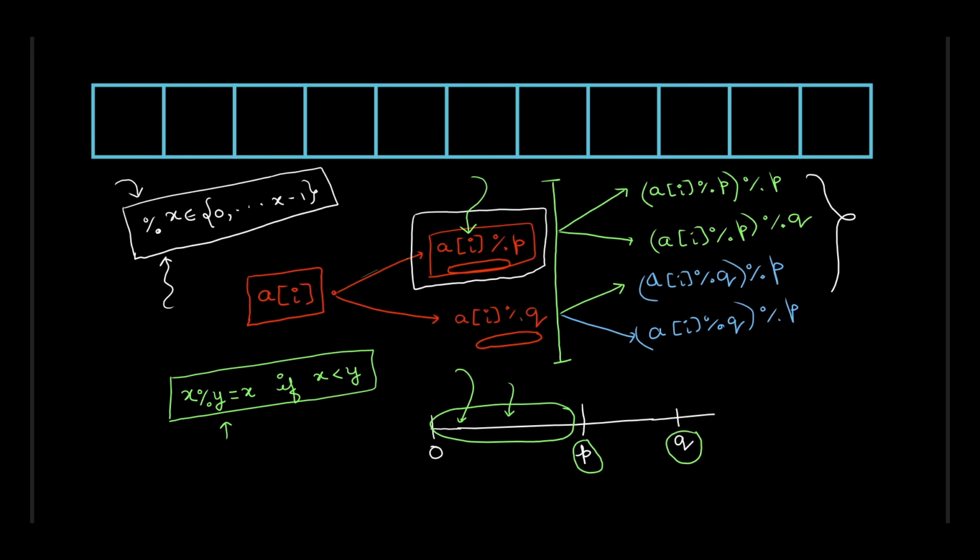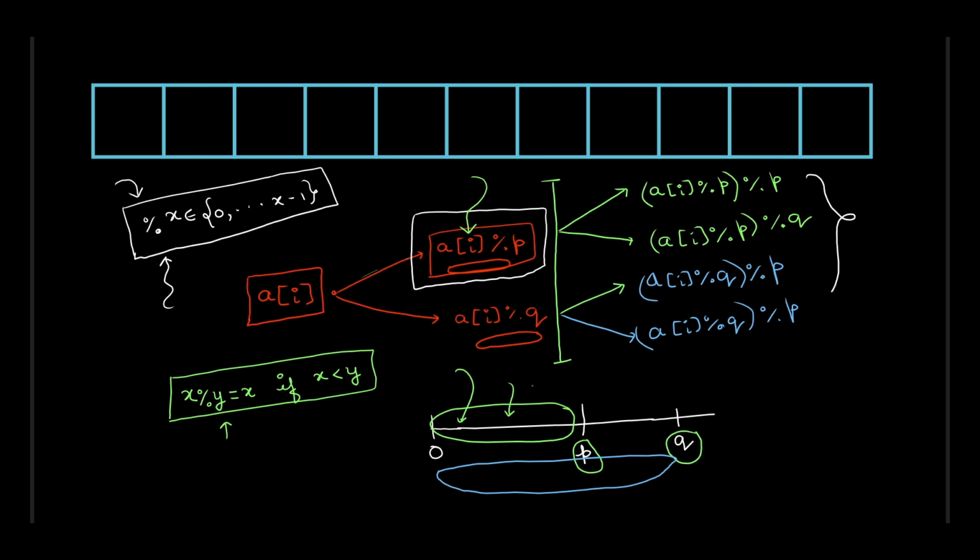But what about this one, Ai modulo Q? For Ai modulo Q, you can notice that it will fall in an area that starts from 0 but ends to the left of Q. So there can be two cases.